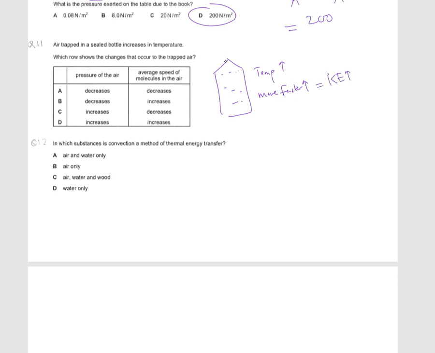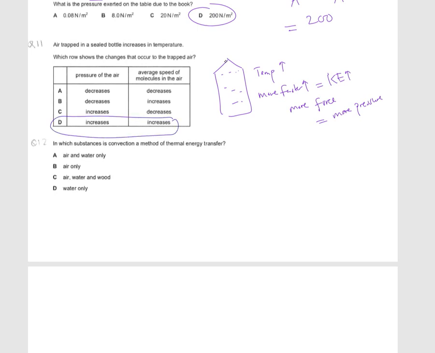There's more energy, so more force, therefore more pressure. So which one is increasing? Therefore, that's the one.